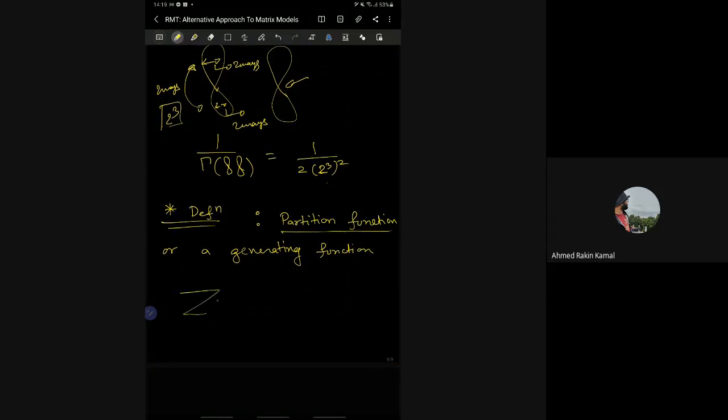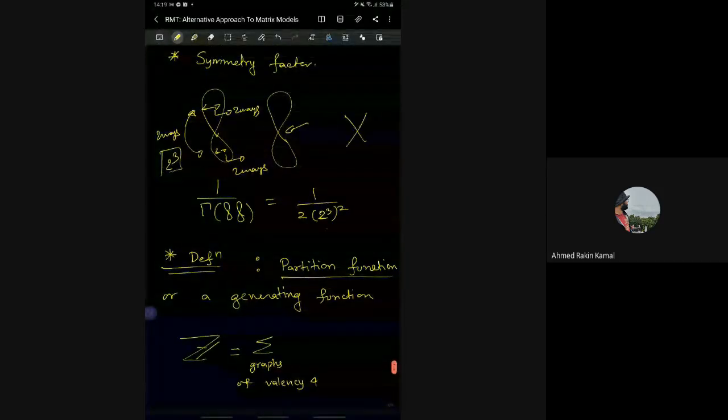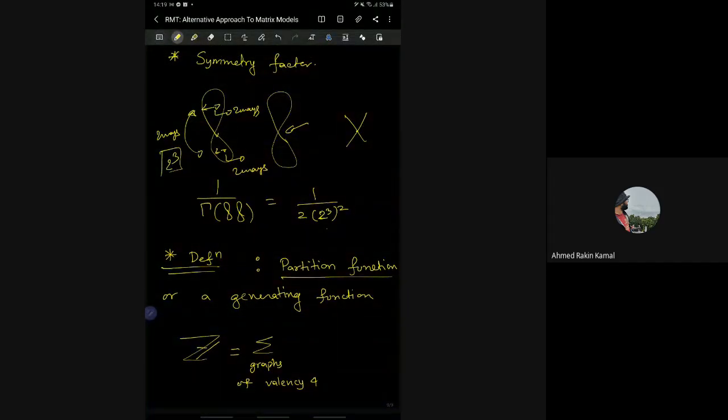So let's denote it by Z, and let's say we want a function. Think of it like this. We want a function that gives us graphs of valency 4, because we were dealing with valency 4 graphs, like this. This is one example for valency.